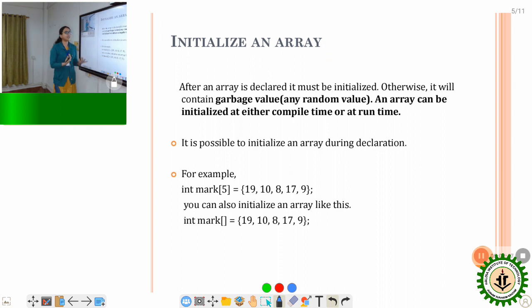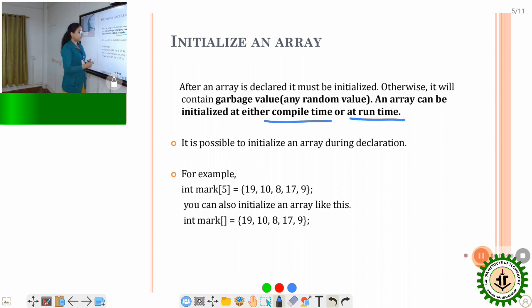Then how do we initialize an array? So we initialize an array either at compile time or at runtime. Declaration: first we declare an array and then we initialize this array.